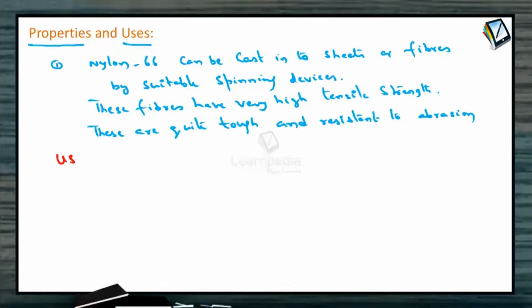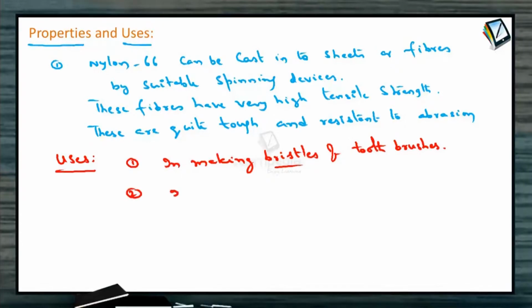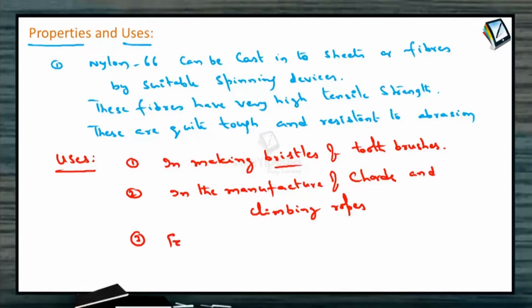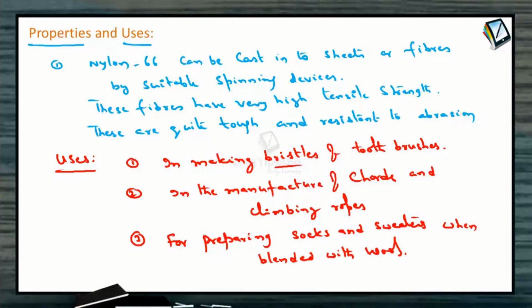And we have uses for this Nylon 6,6 in making bristles of toothbrushes, and it can be used in the manufacture of cords and climbing ropes, and also for preparing socks and sweaters when blended with wool. These are some of the very important properties for Nylon 6,6, followed by the uses.